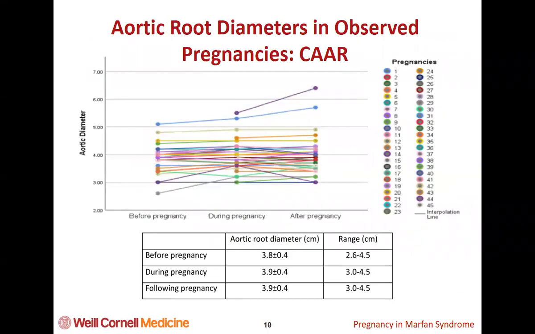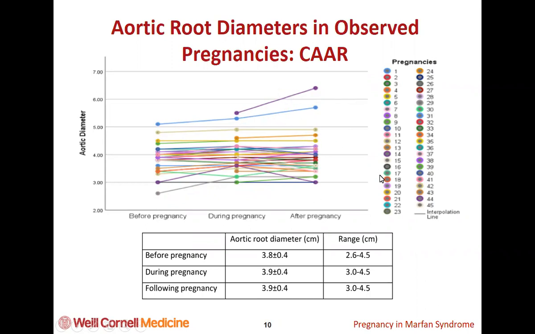At Cornell, we're up to about 55 observed pregnancies, and this slide includes data on the first 45. The graph shows aortic root diameter on the vertical axis and dimensions before pregnancy, during pregnancy, and after pregnancy.